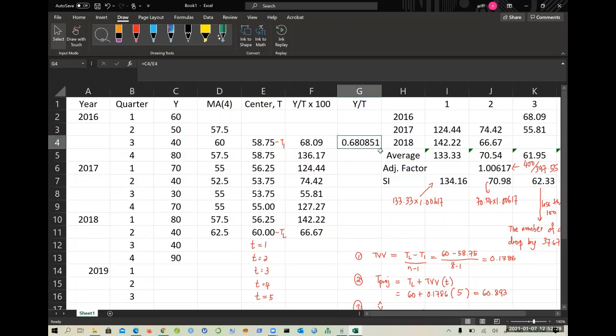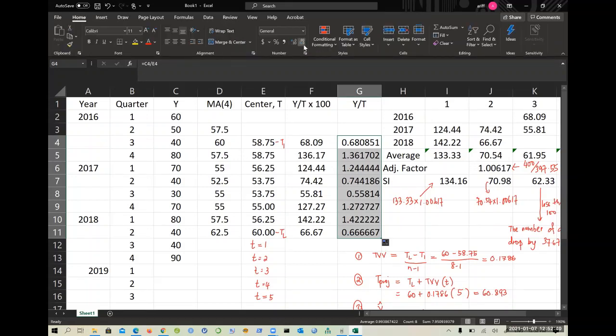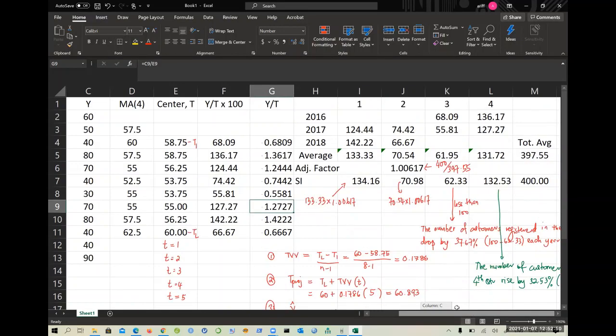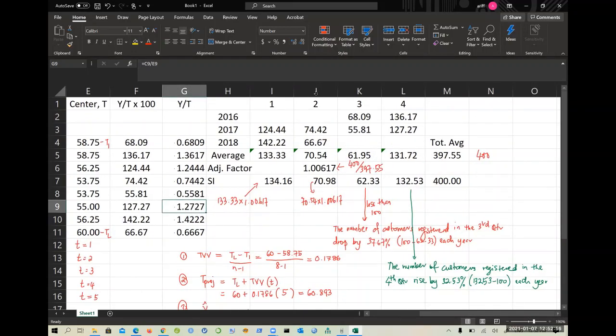So if you are using this one, make sure that you use 4 decimal place. Okay, gunakan sekurang-kurangnya 4 titik perpuluhan. So bila you transfer this value ke dalam bentuk table yang untuk kira seasonal index ni, so you punya value semua akan dalam bentuk point lah.